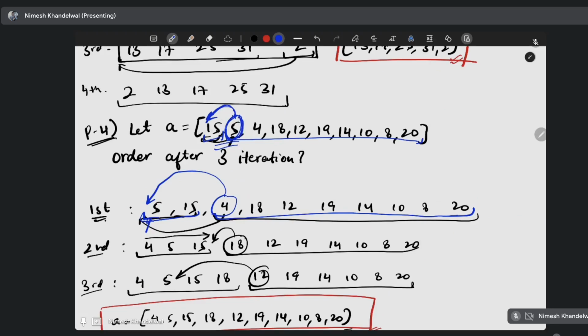So we just swap 5 and 15, and then we start again with this array, right? And then we take 4. Yeah, I mean, it's pretty much clear.